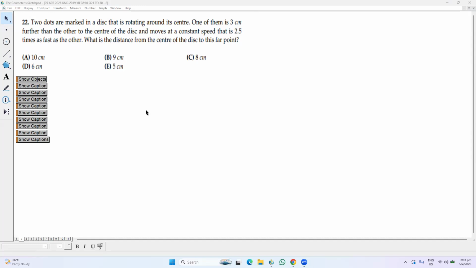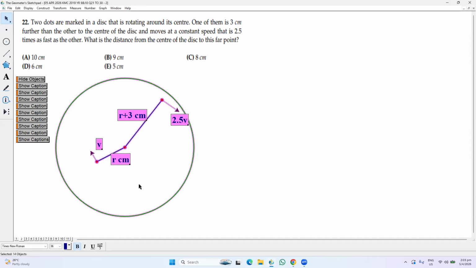So we draw a diagram. One nearer, we say R cm from the center. Then one of them is 3 cm further than the other, so the distance is R plus 3 cm.